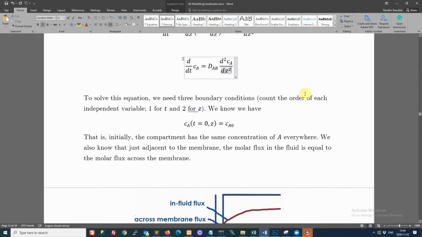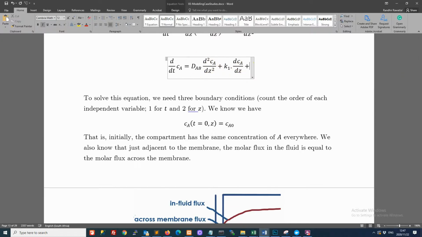And by the way, just to clarify something, let's say we had a k1 dCa/dz. So let's say we had this. Here, if we have k1 times dCa/dz, then it would still count as 2. So it's not as if having more derivatives adds to the number of required boundary conditions. You still count this just as a 2.